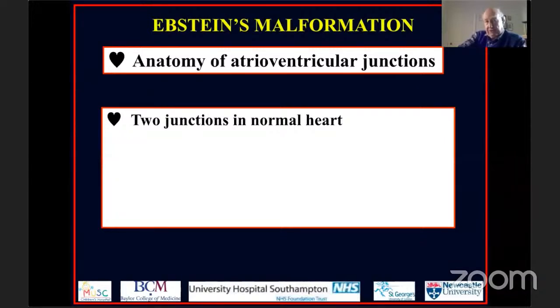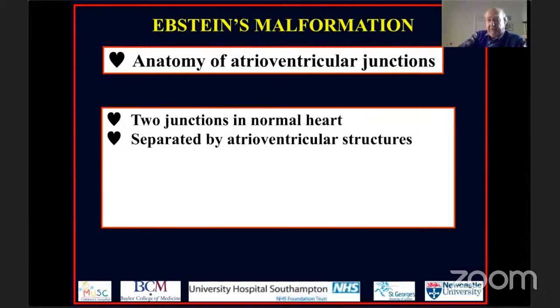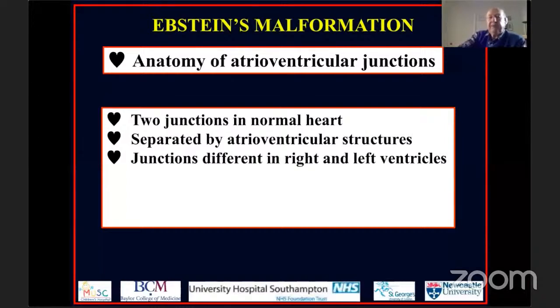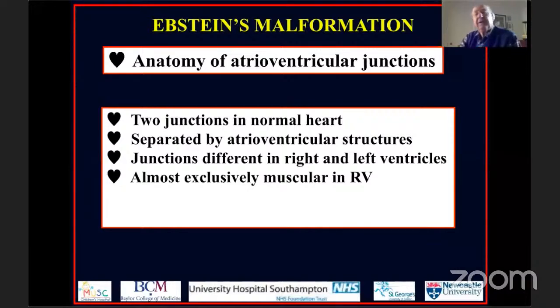And to do that, we need to take note of what is going on in the atrioventricular junctions. And you are all now aware that there are two such junctions in the normal heart. And what we have now discussed on several occasions is that in the normal heart, these junctions are separated one from the other by what we call the atrioventricular separating structures. The junctions then are different in the right and left ventricles. And this is also important to the understanding of Ebstein's malformation.